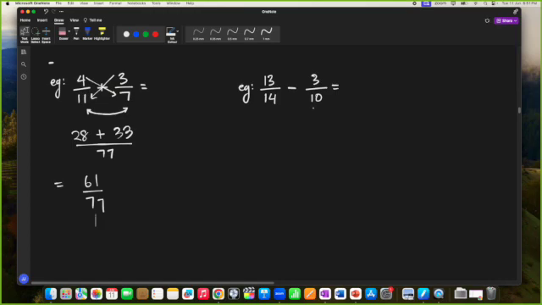Now, 10 times 14, that's 140. So this is something that might have to reduce, because that's pretty big, right? 13 times 10 is 130, minus 3 times 14. 3 times 14 is 42.